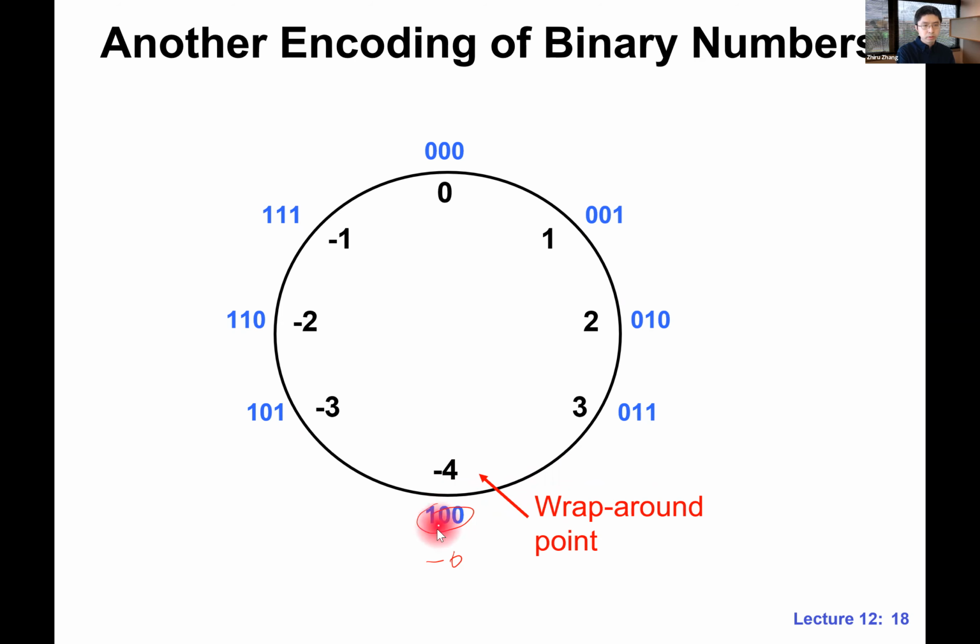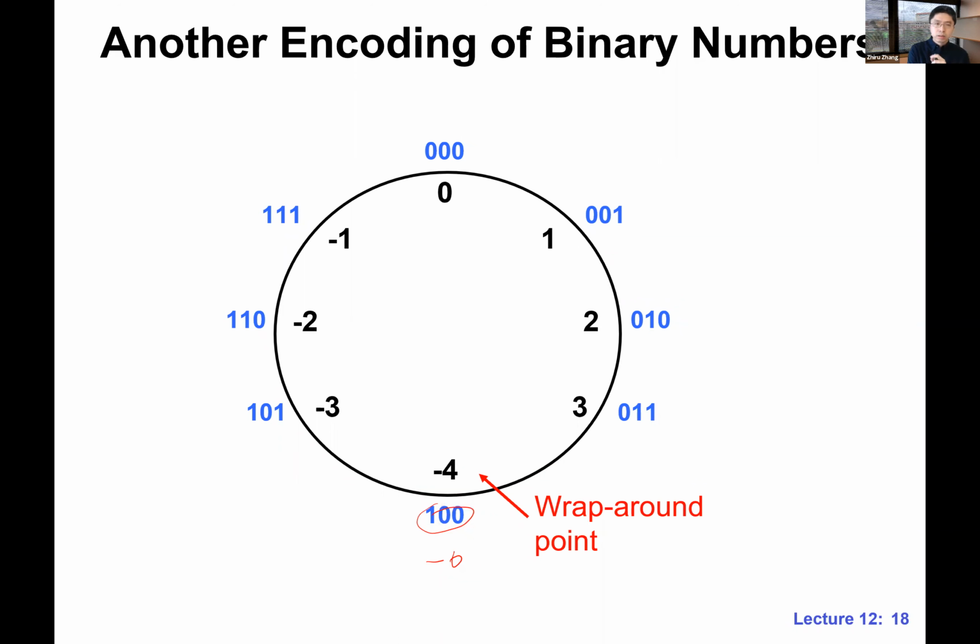We will use 100 to represent -4, and then the rest is the same. We just do +1, we get -3, +1 again, -2, -1, and we circle this around until we hit this wraparound point.